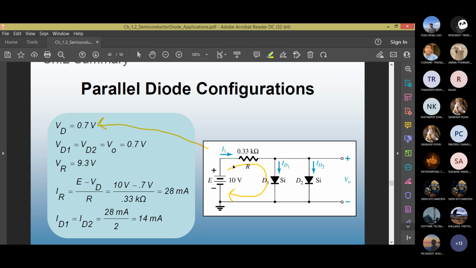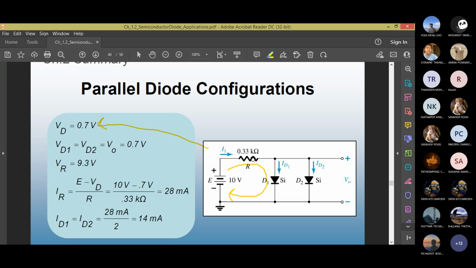How are you going to find the main current, which is IR or I1? Voltage across the resistor divided by the resistance. 10 minus 0.7 divided by 0.33 kilo ohm, which means 330 ohm. This is 28 milliamp.